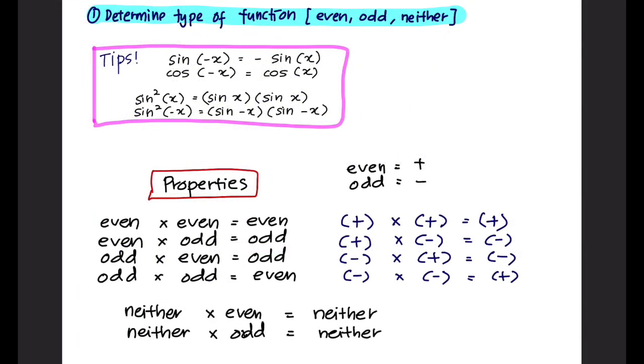Okay, to determine the type of function, you must know these properties. First, sin(-x) equal to -sin x. You can move this negative outside.